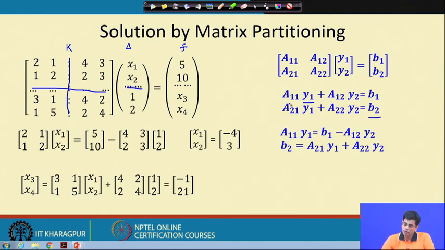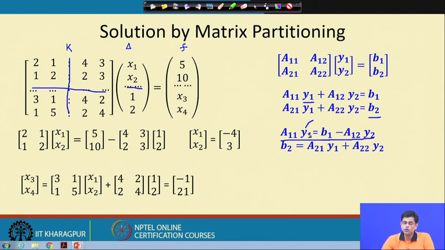So, from the first equation we can calculate Y1: since we know Y2, we multiply it with the coefficient block matrix A12 and subtract it from B1, which gives the right hand side of this system of equations, and then we can find Y1.